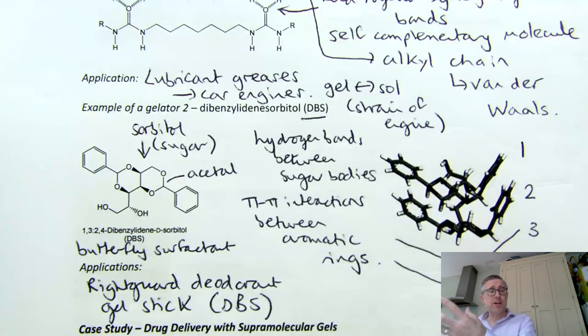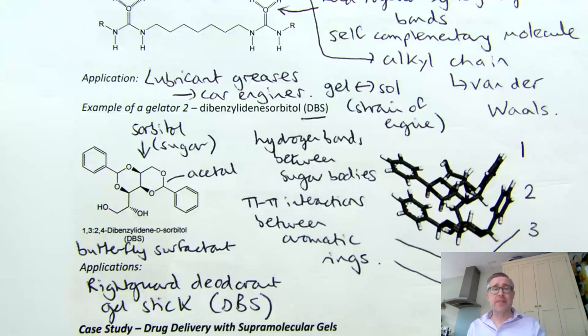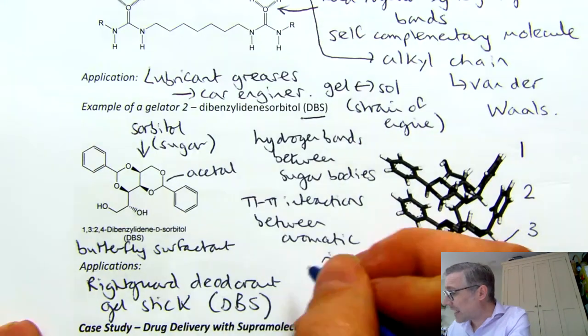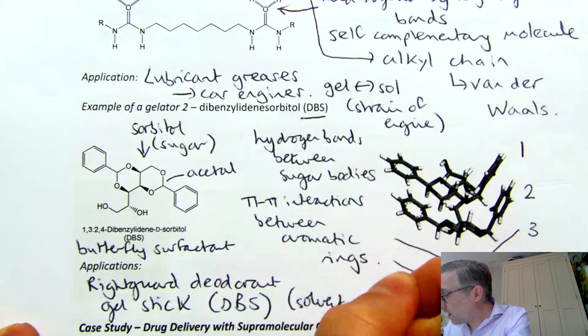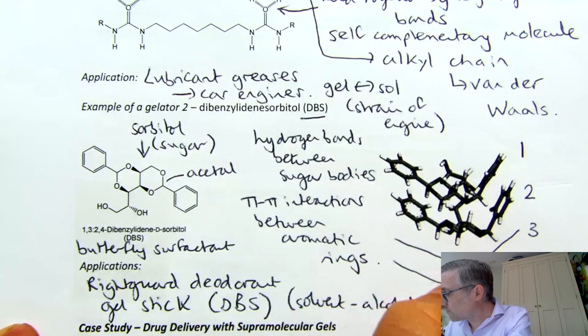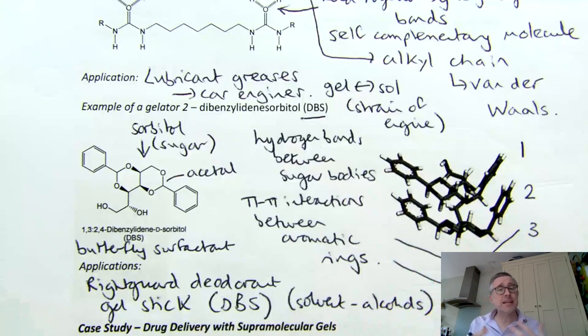They put the active ingredients, the fragrances, the antiperspirants into that gel, and then you roll it under your arm and the gel transfers the active ingredients under your arm from the gel stick. And in this case, the solvents are alcohols. So again, it's an organogel that's being formed in this case.